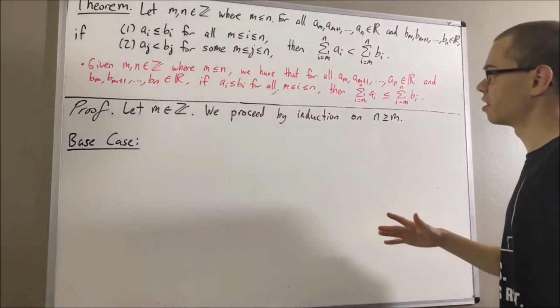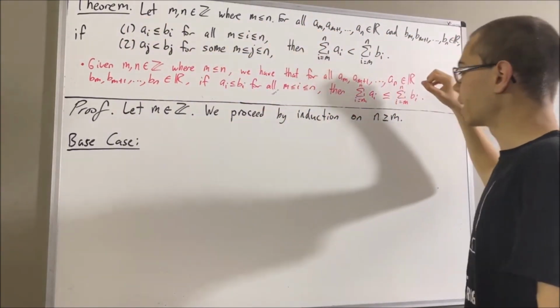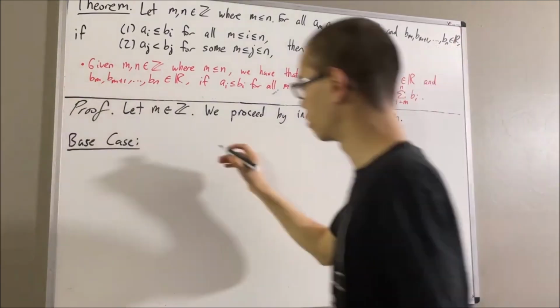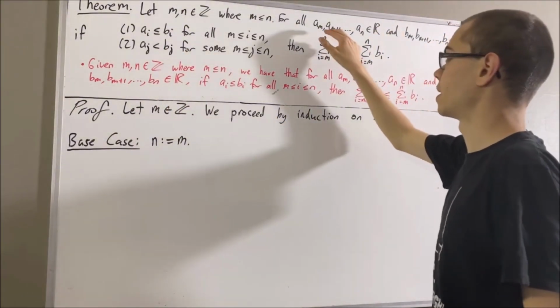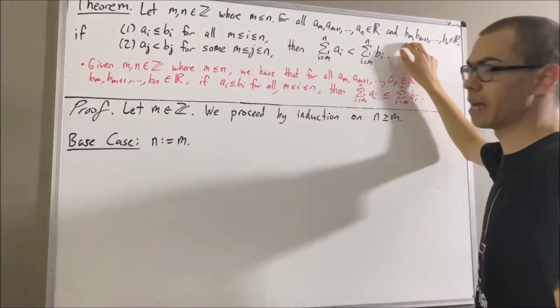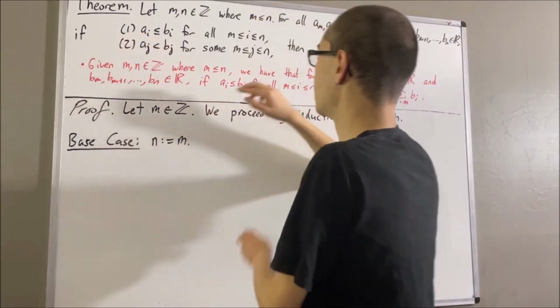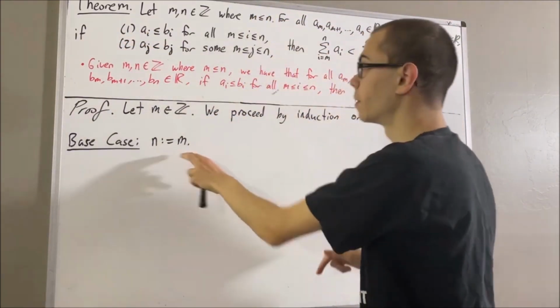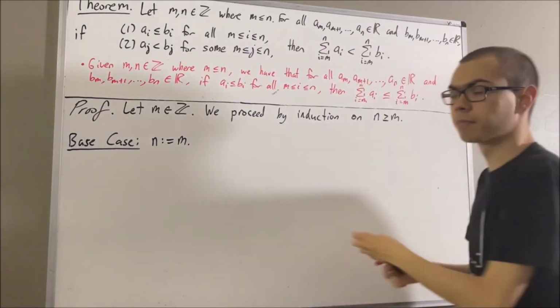In the base case, we're trying to prove that this is true in the case where n is equal to m. Which means we're trying to prove that for all listed real numbers a_m and b_m, if both 1 and 2 are true in the case where n is equal to m, then this is true in the case where n is equal to m.